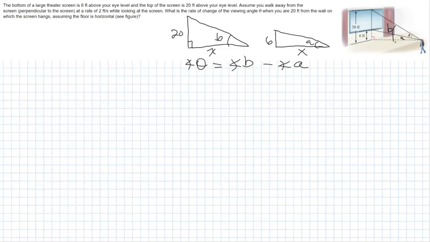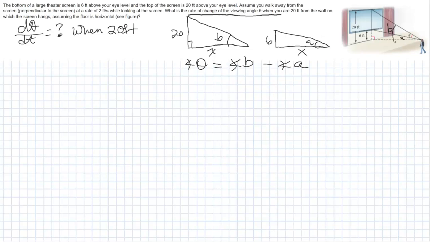What else is the question giving us here? The question is asking, what is the rate of change of your viewing angle, that would be d theta dt, as you are walking away from the screen, when you are already at 20 feet away from the wall.